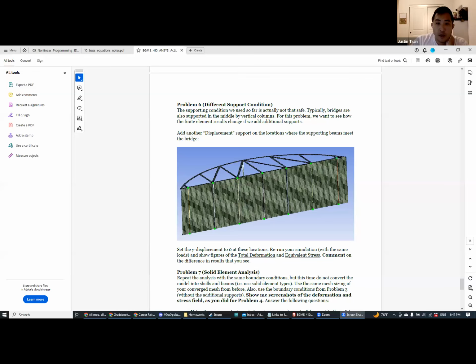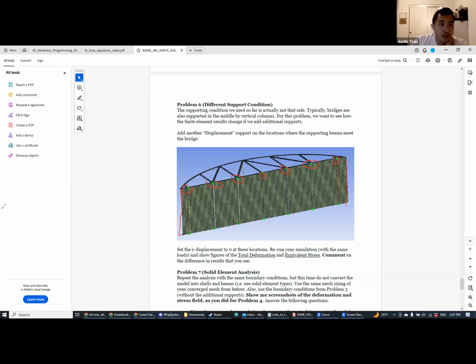In this PDF right here, you can see that instead of applying the supports here, I've applied fixed supports at each of these dots right here. All I want you to do in problem 6 is change the fixed support to something different, so that you get a different result. That's all for problem 6.